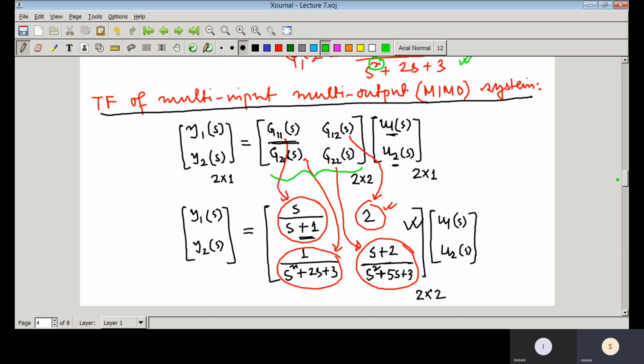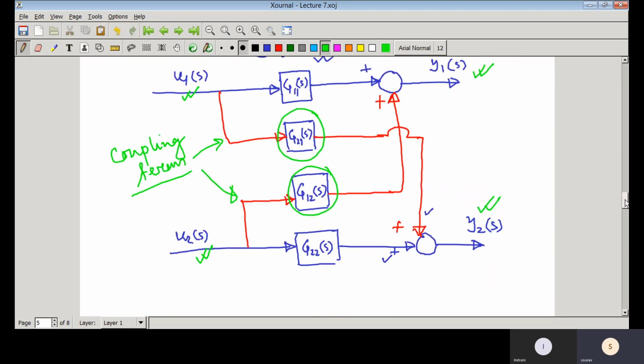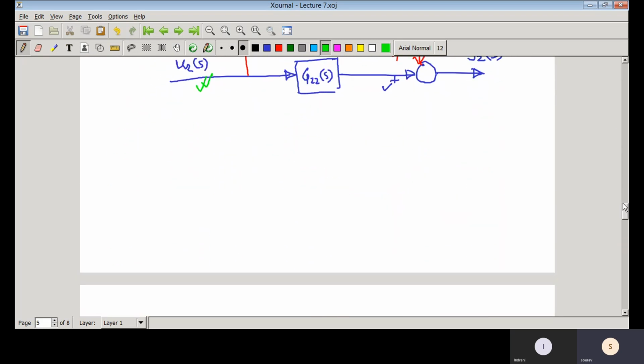Here we have explained it through block diagrams. So let us take one simple example of how to find the transfer function.